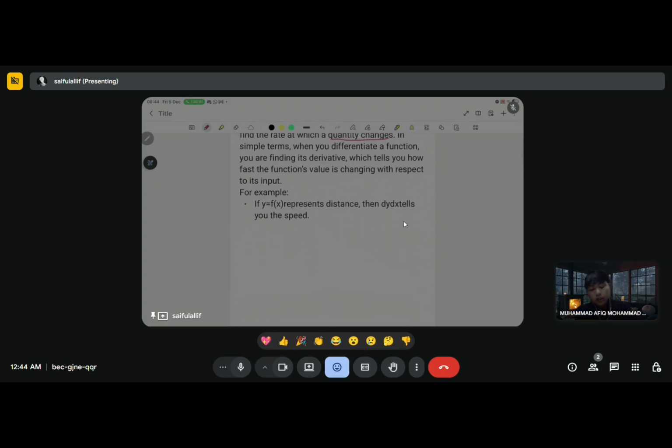In simple terms, when you differentiate a function, you are finding its derivative, which tells you how fast the function's value changes with respect to its input. For example, if y equals f(x) represents the distance, then dy/dx tells you the speed.